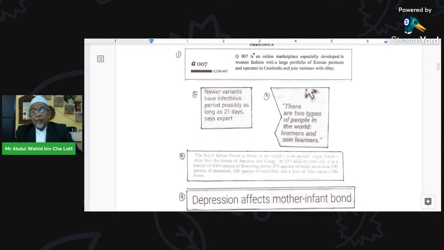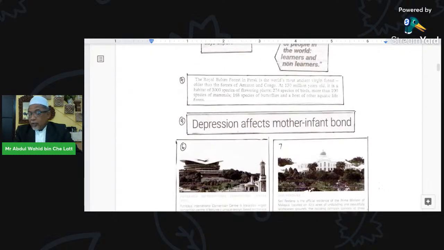Extract number 4. The Royal Balloon Forest in Perak is the world's most ancient virgin forest, older than the forests of Amazon and Congo.